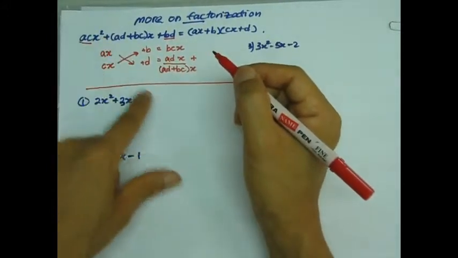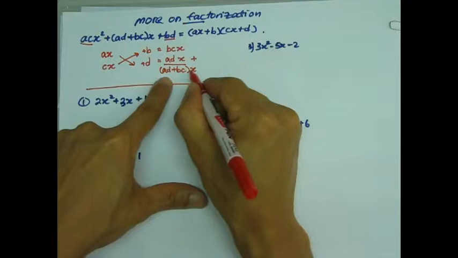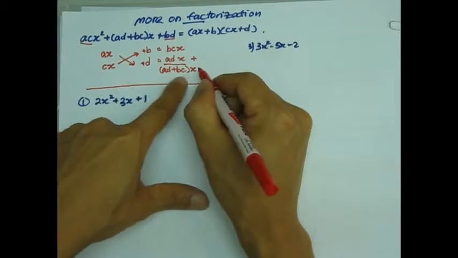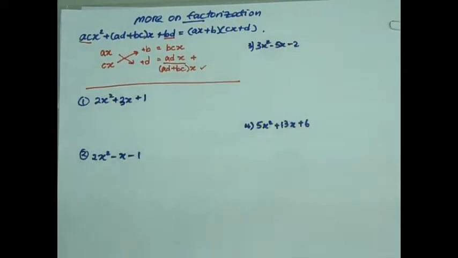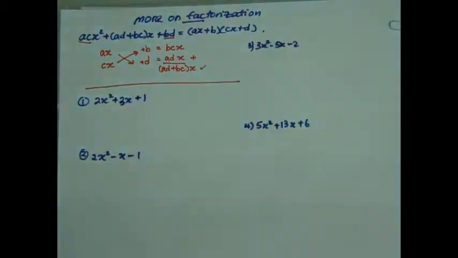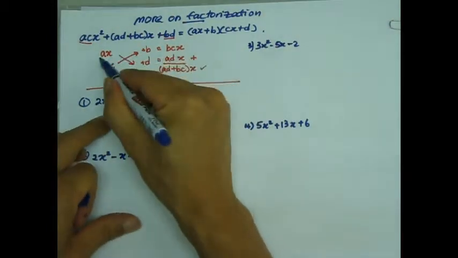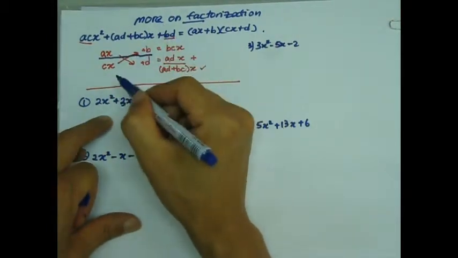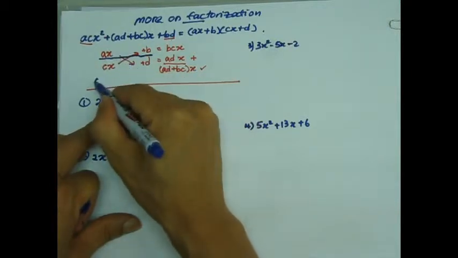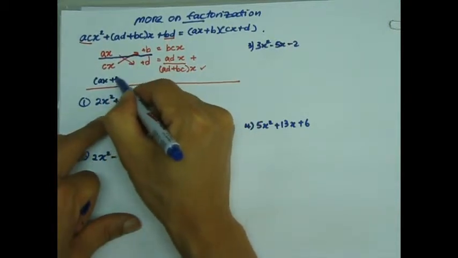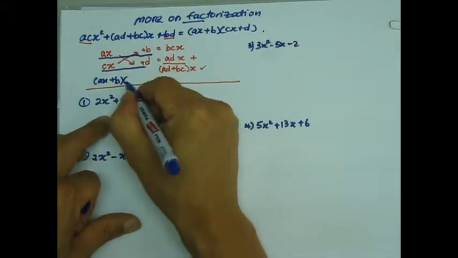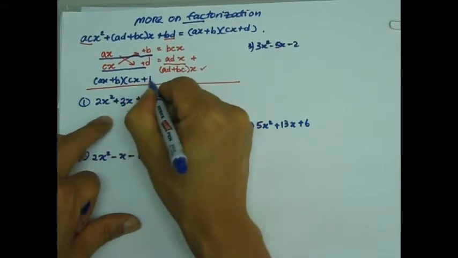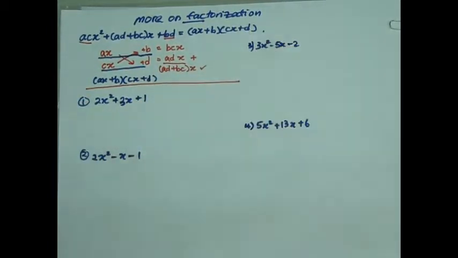So if you can get (ad plus bc) times x, which is the middle term in this expression, then it's okay. Then the answer of this factorization will be, horizontally, ax plus b times cx plus d. So voila, I'm done.